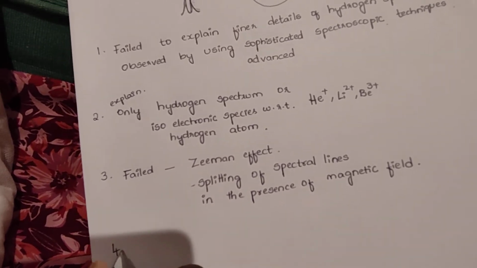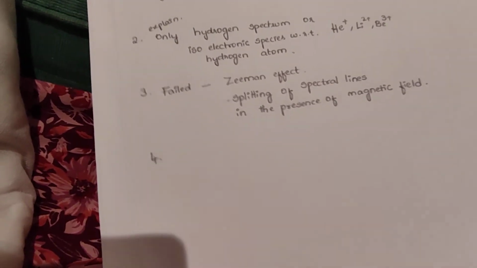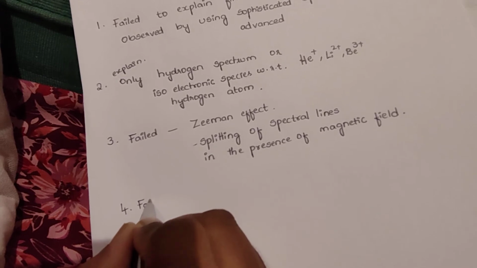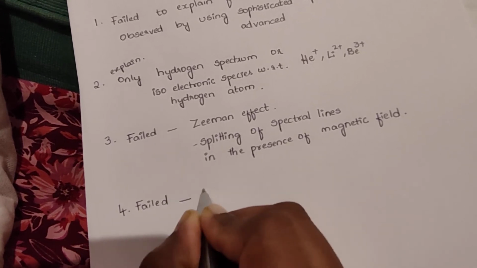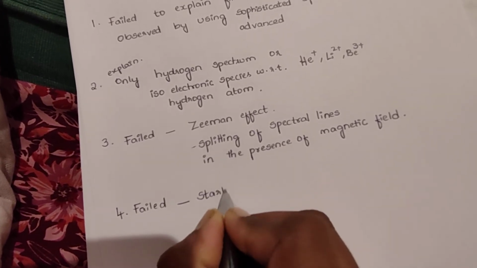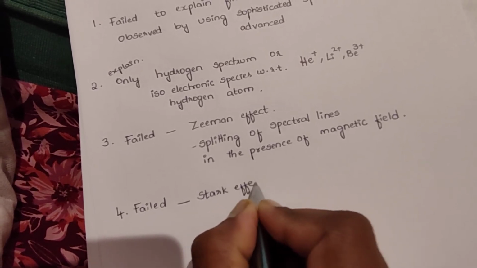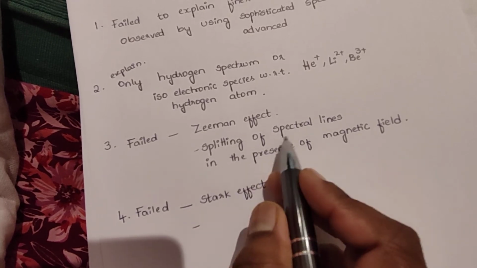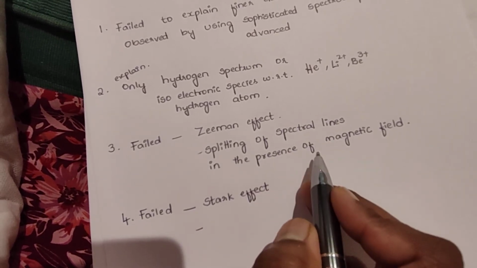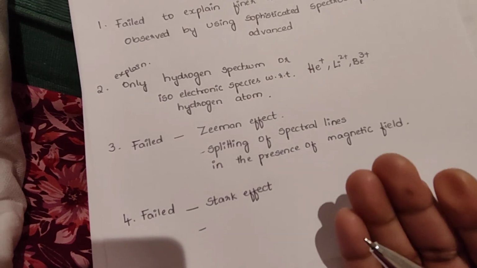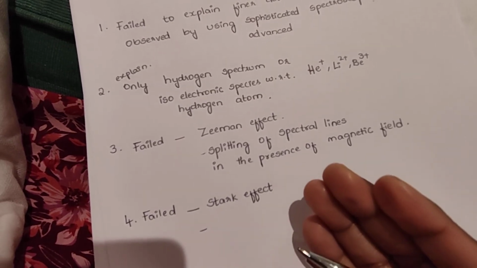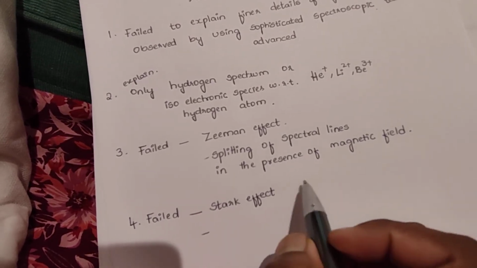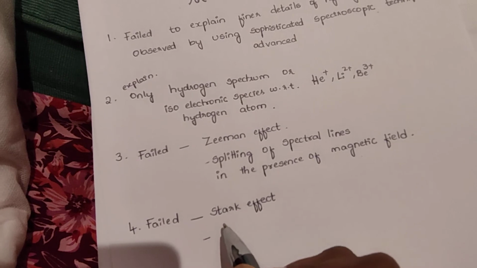It also failed to explain Stark effect. Stark effect is nothing but splitting of spectral lines in the presence of electric field. While taking the spectrum, if the spectral lines get split in the presence of electric field, then that effect is known as Stark effect.